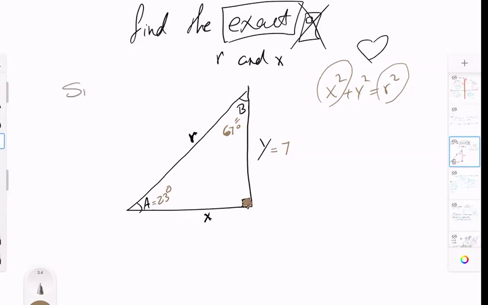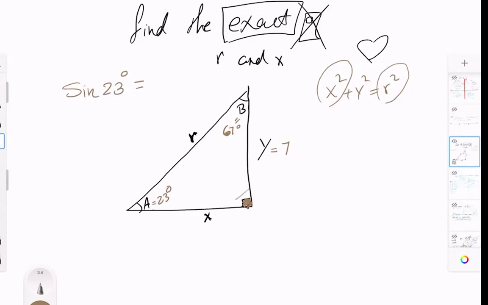What is sine of 23 degrees? I'm not asking for the value of sine.